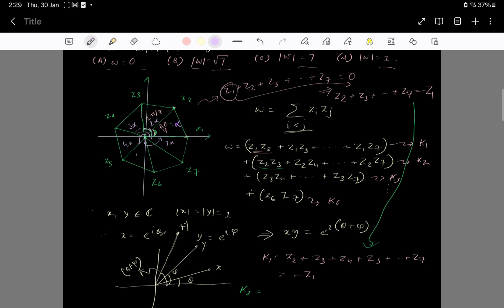Okay, now k2, the first term is z2 times z3. So z2 is making an angle alpha with the x-axis, and z3 is making an angle of 2 alpha with the x-axis.